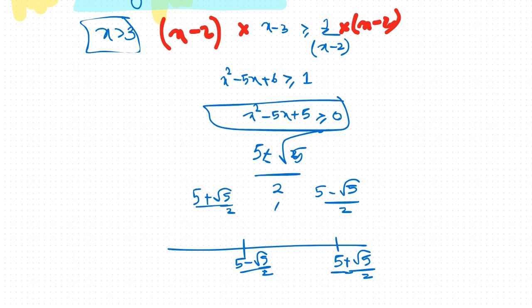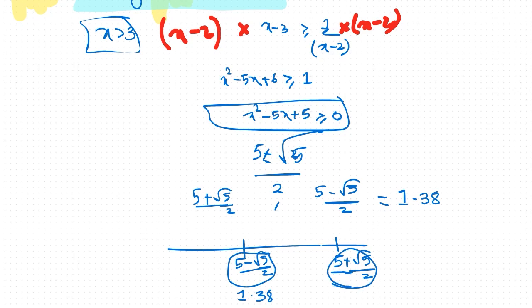Put it in the calculator. It should be 1 point something. 5 minus root 5, total divided by 2, is 1.38. So 1.38 is here.